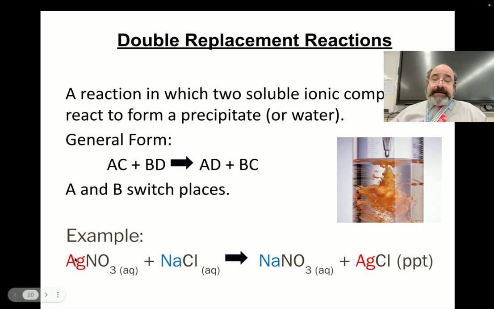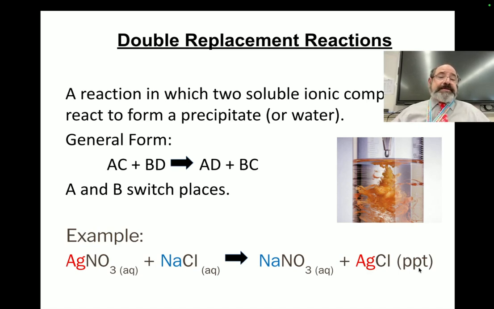So example, we have 2 things, silver nitrate, plus 2 things, sodium chloride. Notice they're both aqueous, meaning dissolved in water. And then they're going to switch partners. So the sodium switches, and now it's with the nitrate. That is soluble. And the silver is with chlorine now, and that's the precipitate.